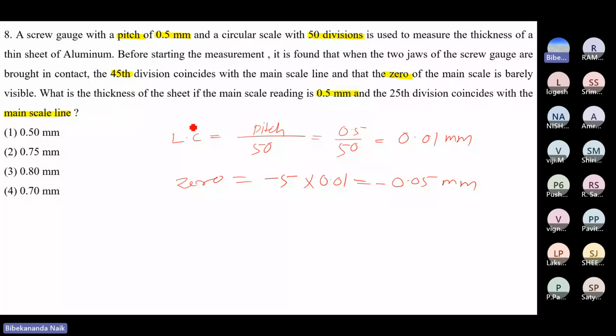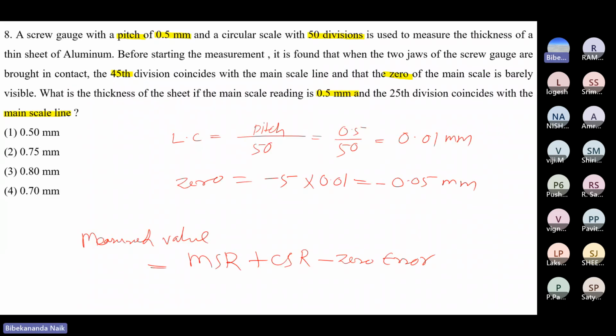And now during the measurement, it is found that the main scale reading is 0.5 mm. So during the measurement, the measured value will be how much? The measured value will be main scale reading plus circular scale reading minus 0 error.